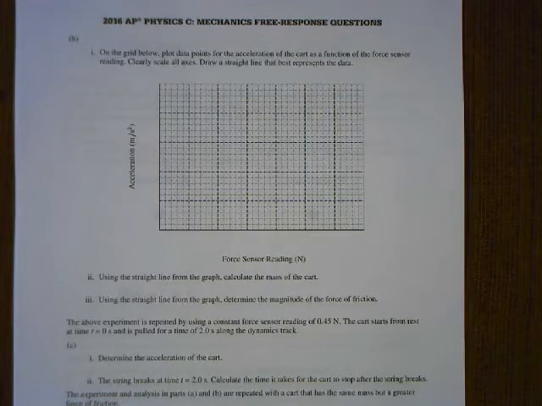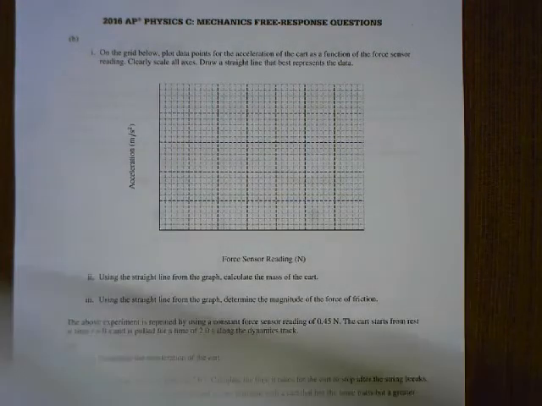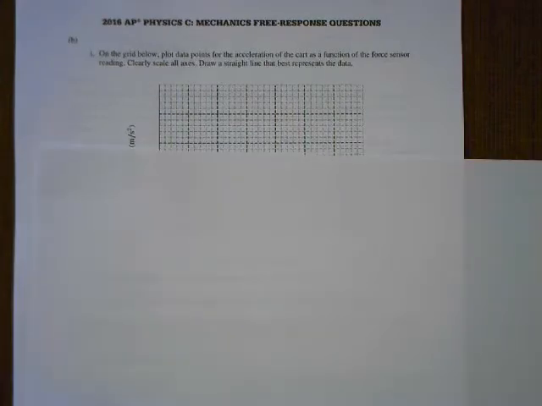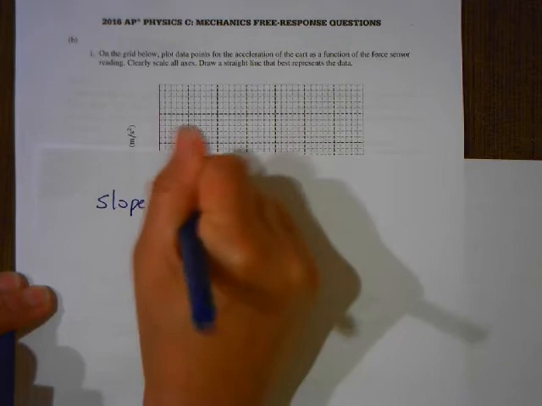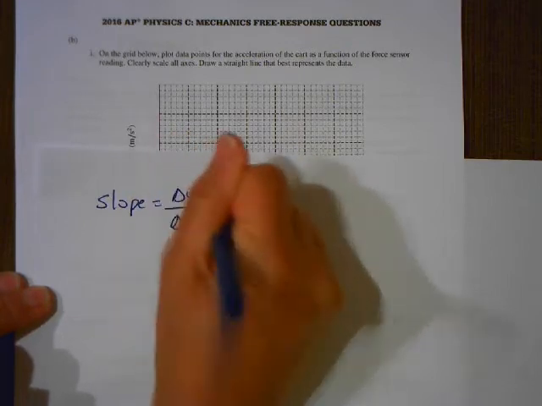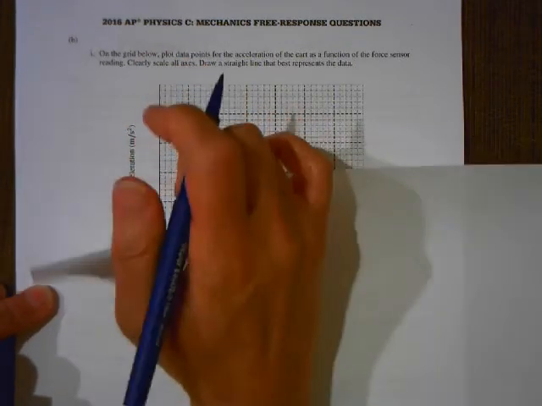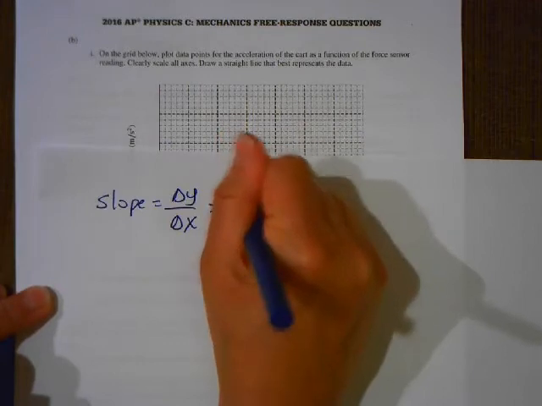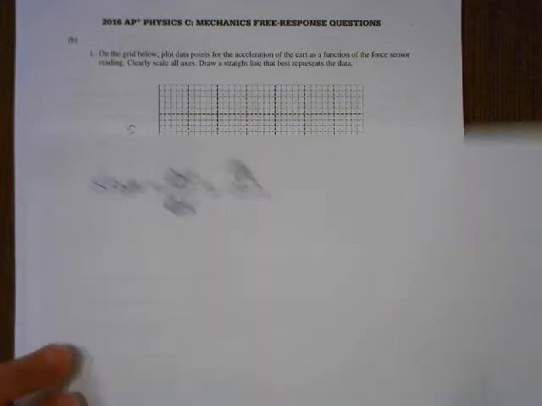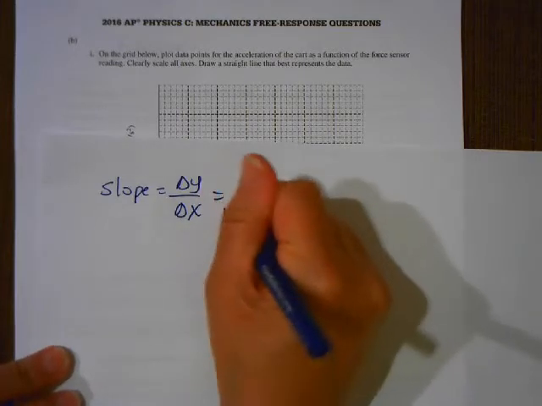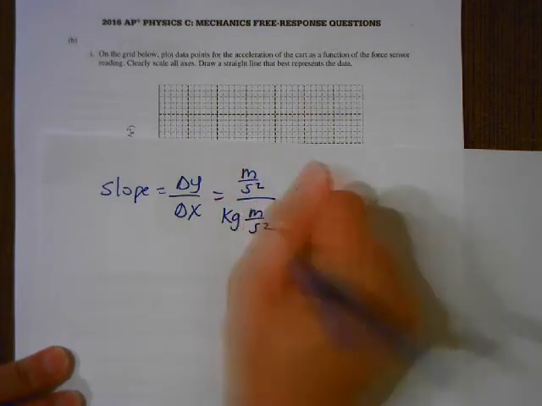So remember, slope is always the change in y over the change in x. You always want to do this when you have a graph, delta y over delta x. So here the slope is the acceleration, which is meters per second squared, and then the force is a Newton, where a Newton is a kilogram meter per second squared.